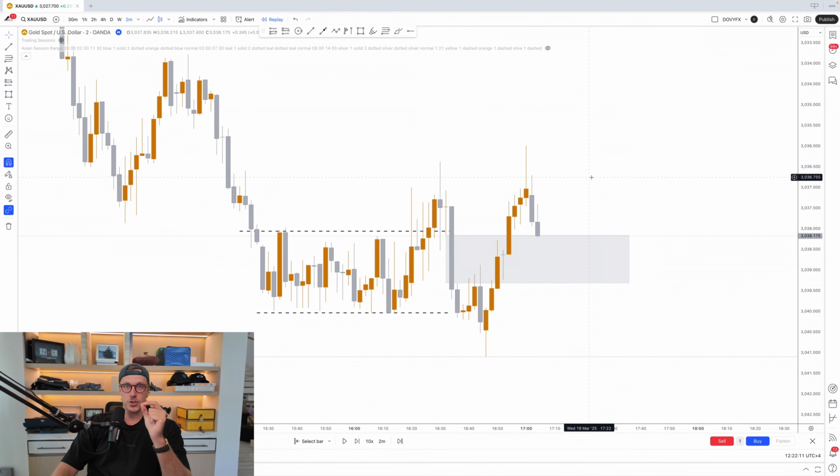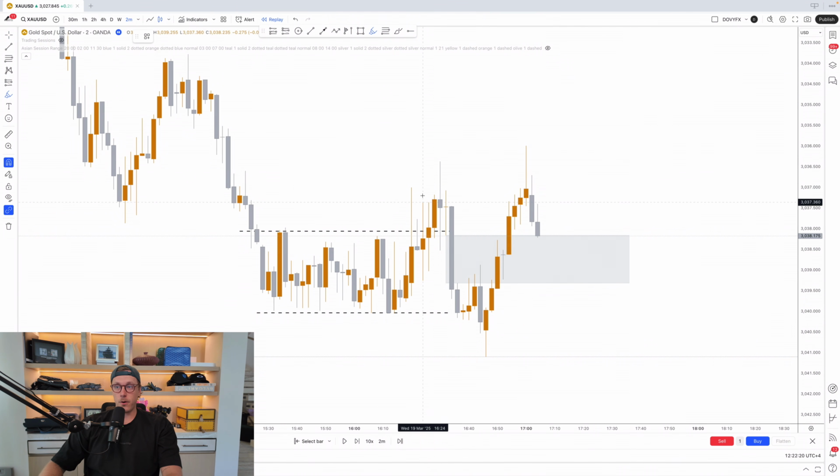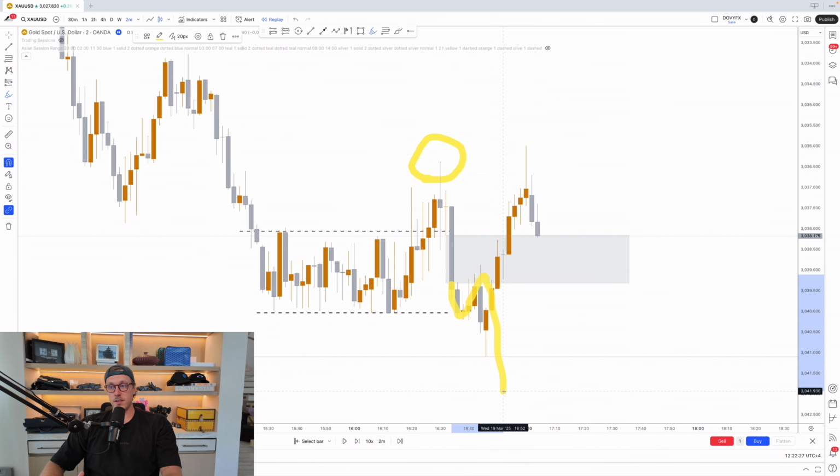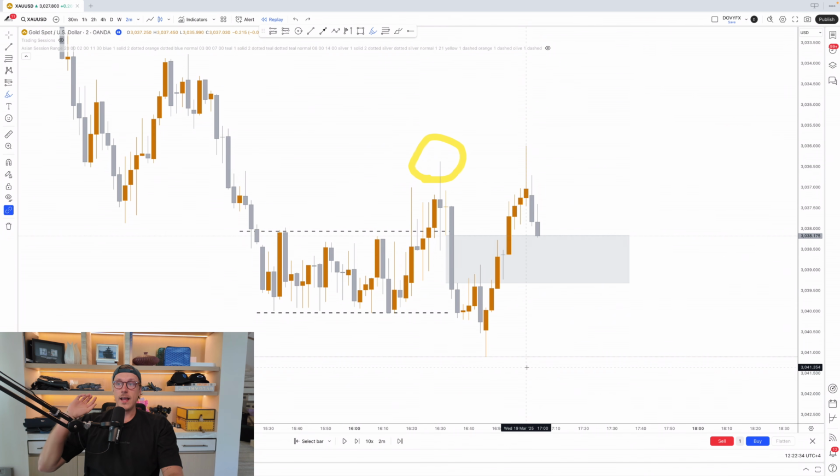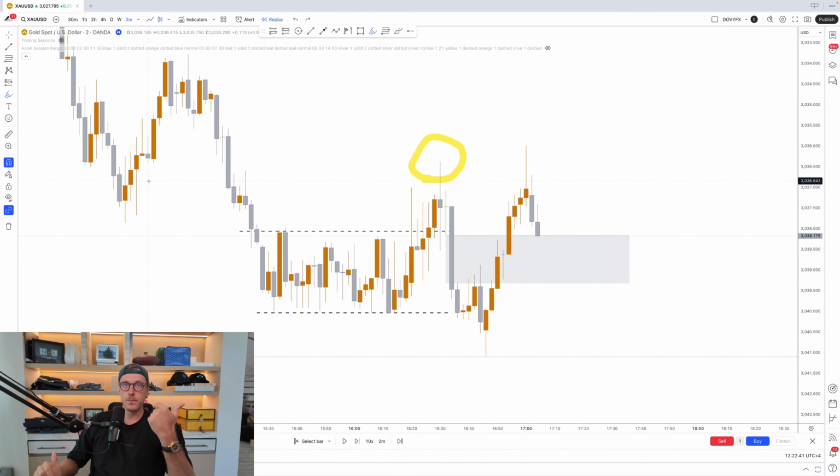Pay close attention because I'm about to tell you the rule that is extremely, extremely important. Now you could say, Davi, but before the price broke above and retested this fair value gap to the downside, why didn't you take shorts here? And that would be a great question, and that brings me to a very, very important point, which is this entry model can only be traded with bias or a market structure.